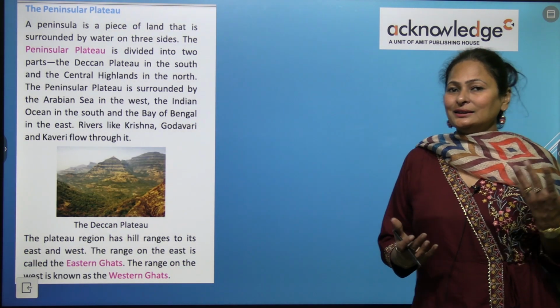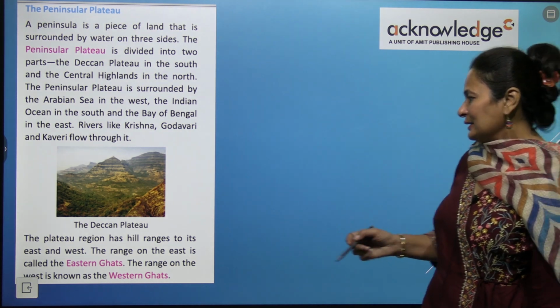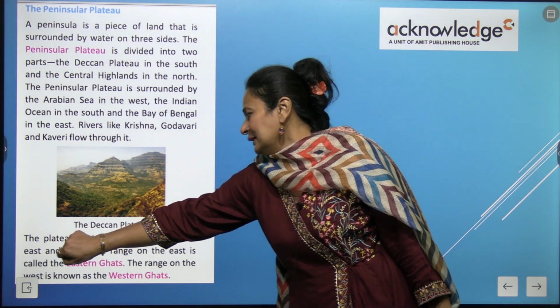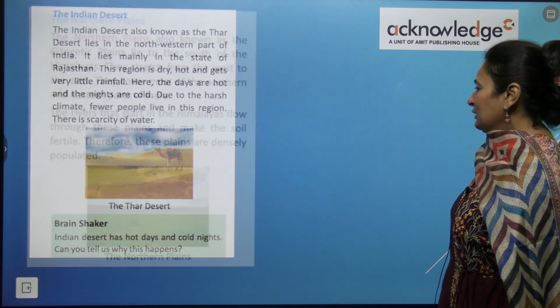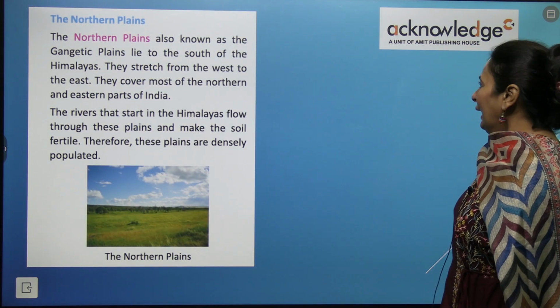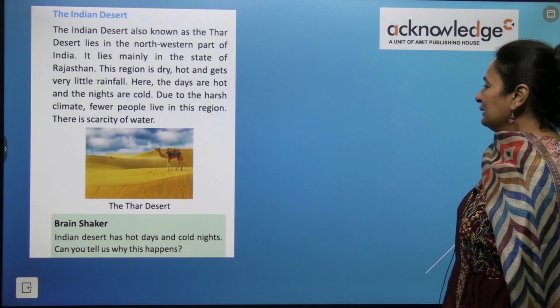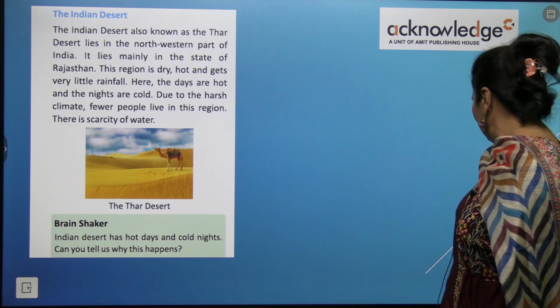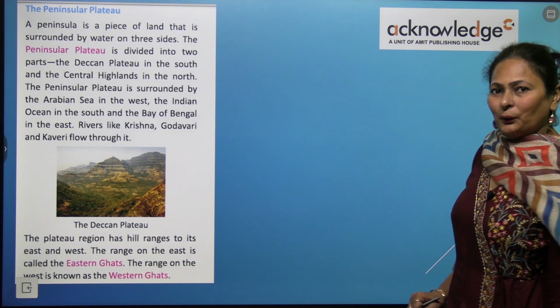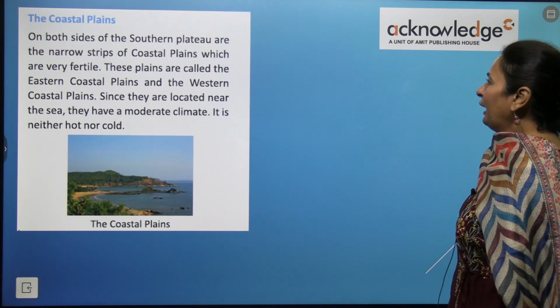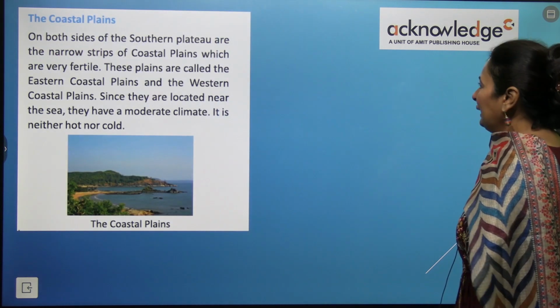So, the hill ranges present in the eastern part are called the Eastern Ghats and the western mountain ranges are called Western Ghats. Okay, so next geographical feature is coastal plains.